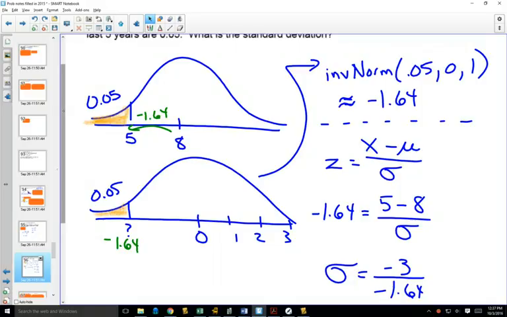That's what a normal distribution does, it sets things up so that no matter what you're dealing with, a 5% chance is always 1.64 below the mean. And once you have that information, you can use your Z-score formula to find out what you're missing, which might be the mean, it might be the standard deviation. So this technique will be used to solve either one of these two things. Because if you're actually trying to find the score, then you can use inverse norm directly.